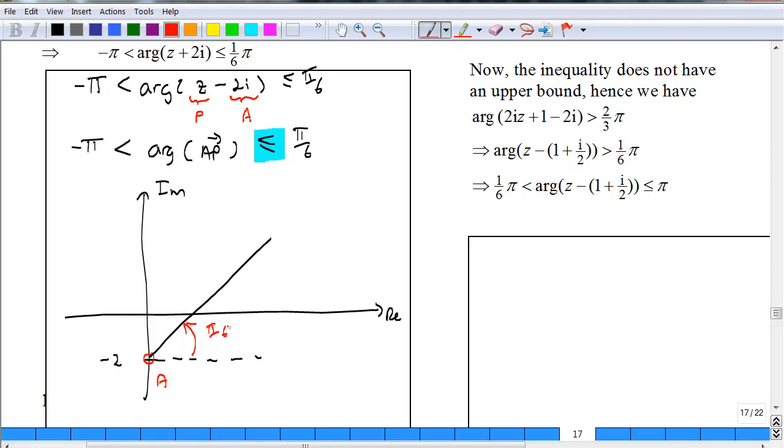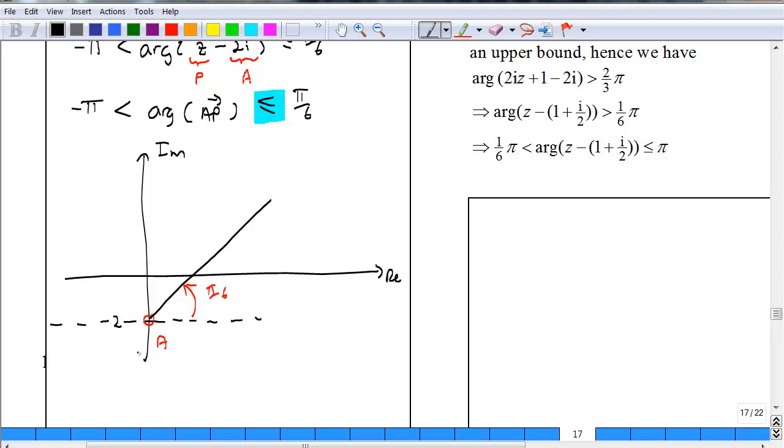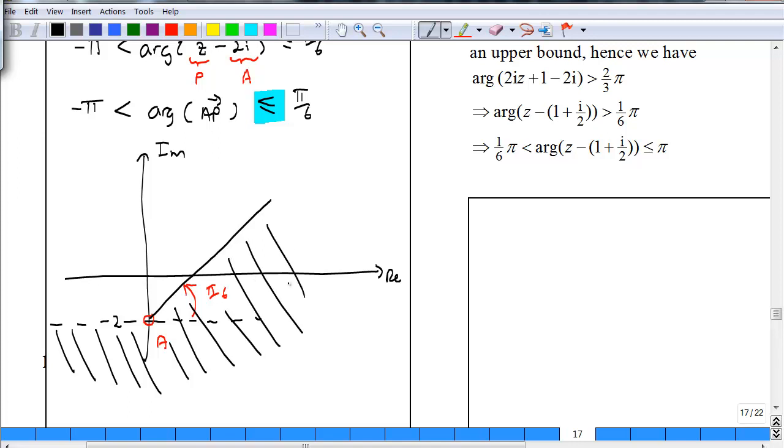And where is negative pi? And it's not including, so you will extend. So the region required is actually everything inside here. So that will give you the region required in this question.